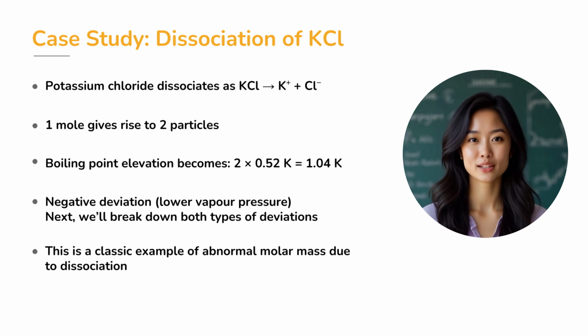If we ignore interionic attraction, this would mean that boiling point elevation is equal to 2 times 0.5 K, which is equal to 1.04 K. Now, if we assume there is only 1 mole of solute, we'd wrongly conclude that 74.5 grams produce 2 moles, giving a molar mass of 37.25 grams, which is half the actual value.